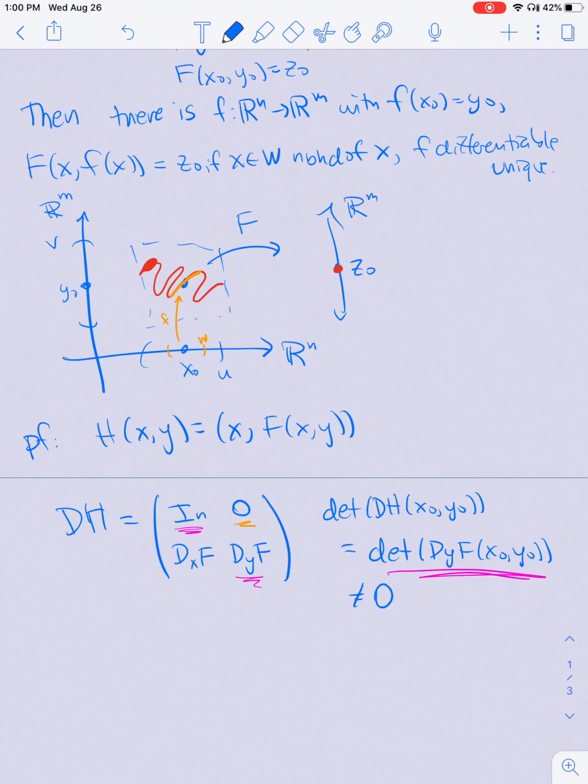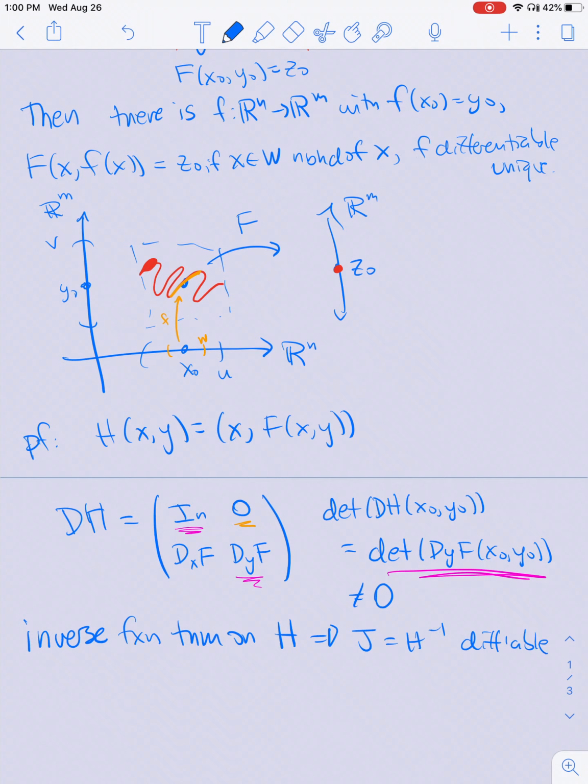Okay, so this tells us that I can use the inverse function theorem on h, which gives me an inverse function j which is differentiable.